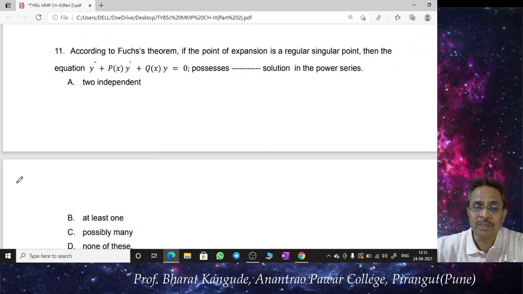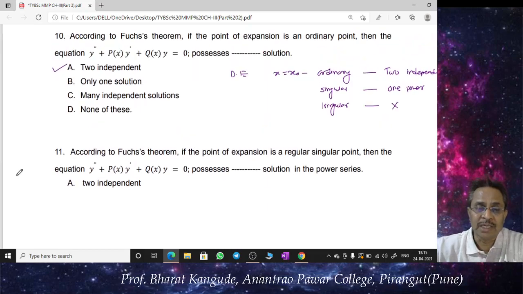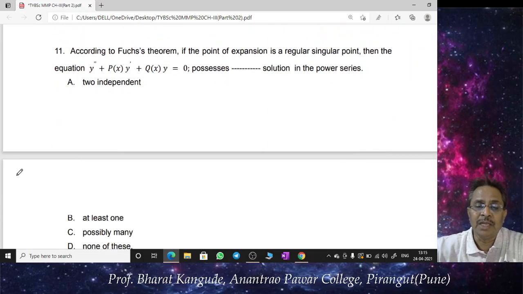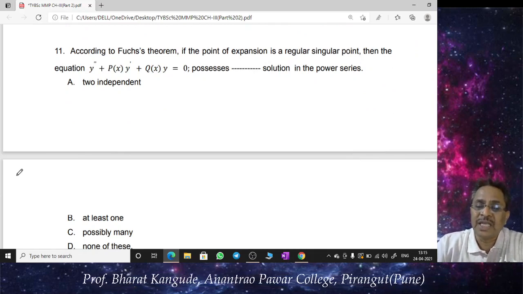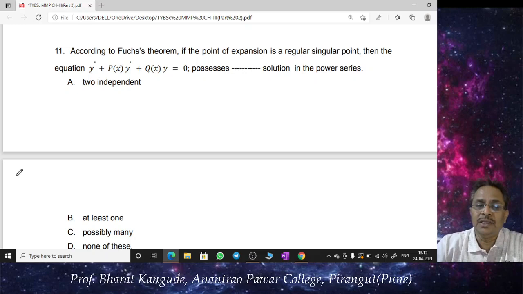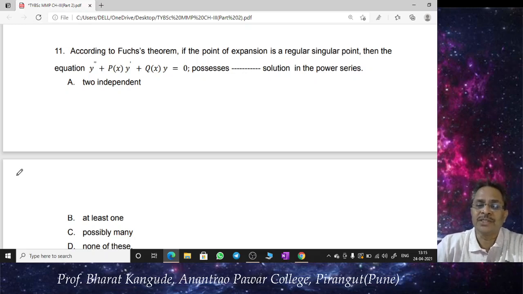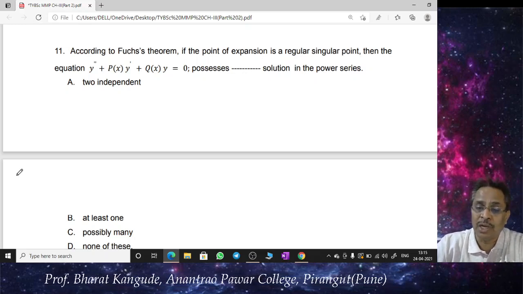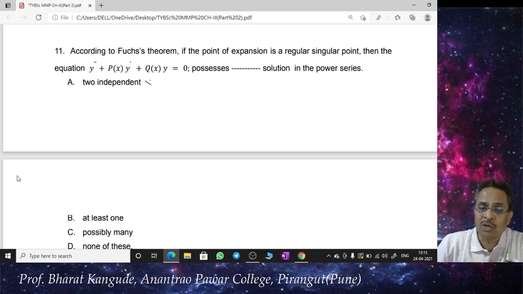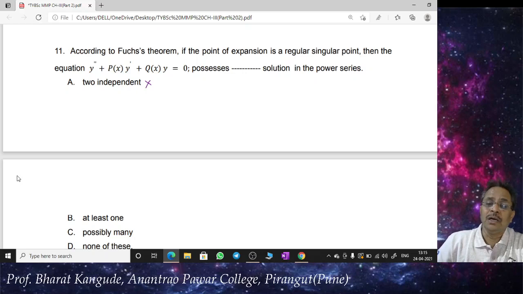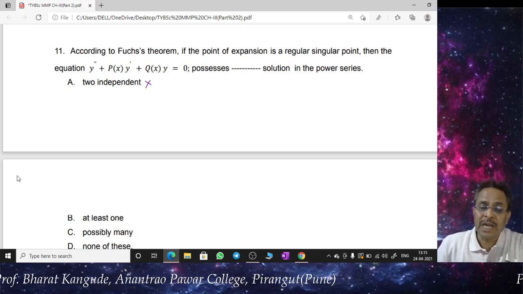So question number 10 option is A. Question number 11, according to first theorem, if the point of expansion is a regular singular point, then the equation y double dash plus p of x into y dash plus q of x into y is equal to 0 possesses, not two, that is the case of the ordinary point, but at least one.